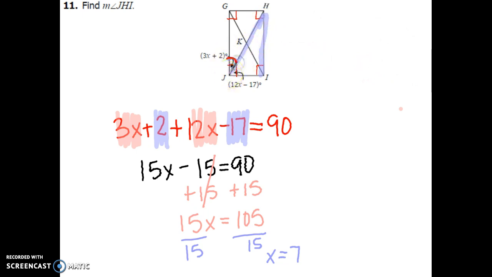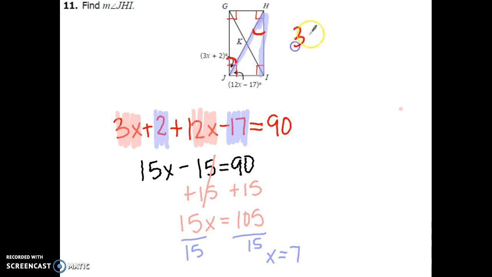This angle right here, if we go across its diagonal on the other side, those two should be congruent. Therefore, if I find this angle, then this angle is real easy to figure out because it's the exact same thing.